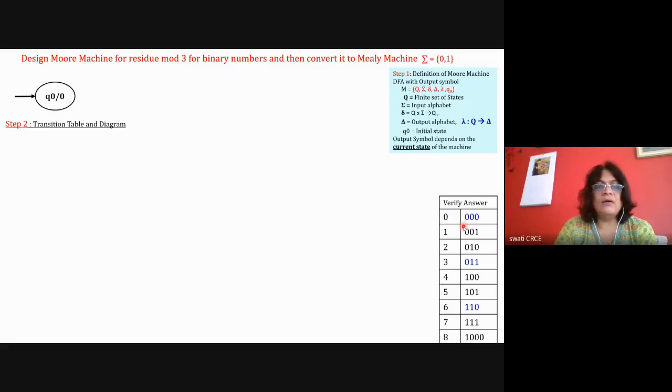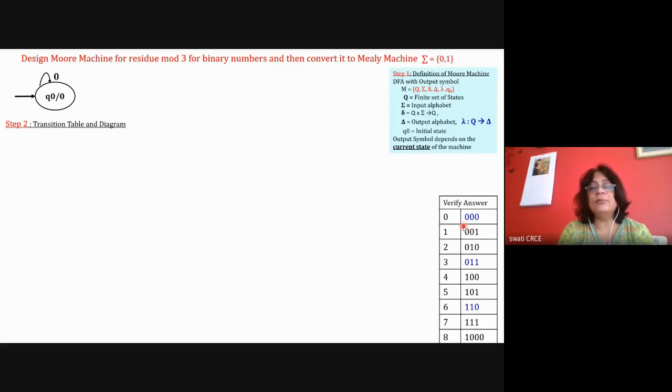We are going to make an assumption. If the number is divisible by 3, the output generated will be 1. And if the input is not divisible by 3, then the output generated will be, okay, sorry, I'm saying it the wrong way.